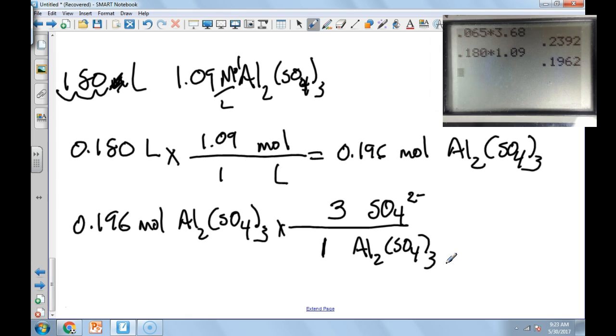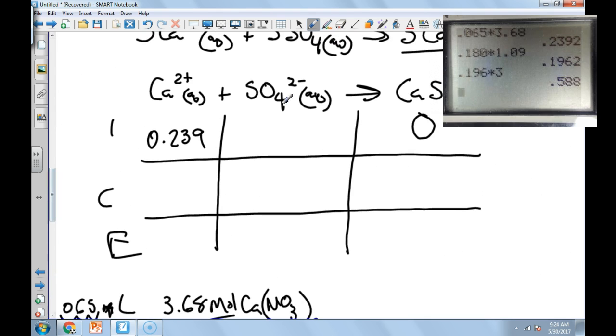Now, there's a lot going on and this could be a little overwhelming, but that's why when you do this on your own, you need to pause and watch the video at your own speed so you can get what's going on. So this is 0.588 moles of SO4 2-.